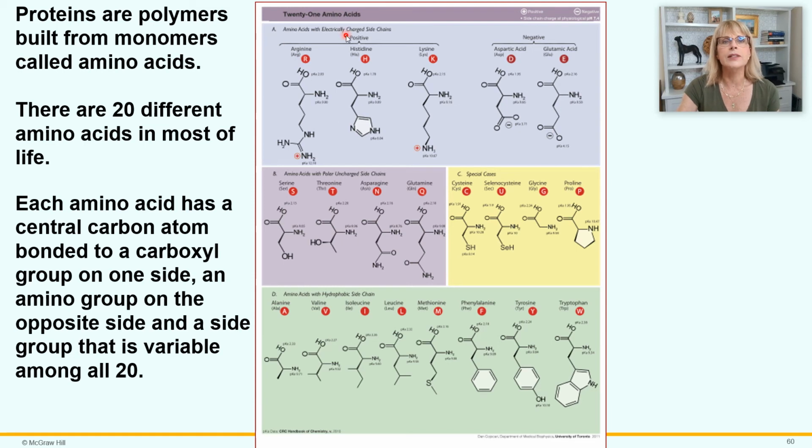Let's start with these guys. These guys here, these are 5 amino acids. Their R groups have got a charge.